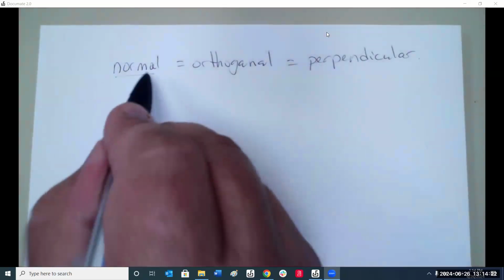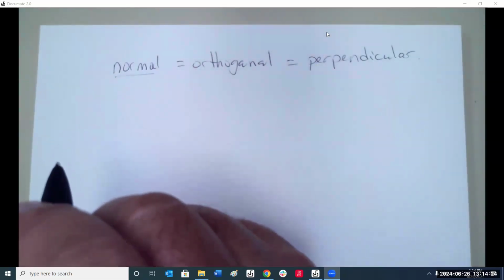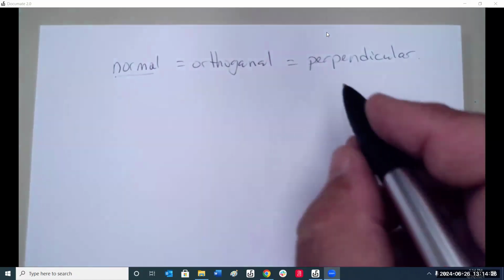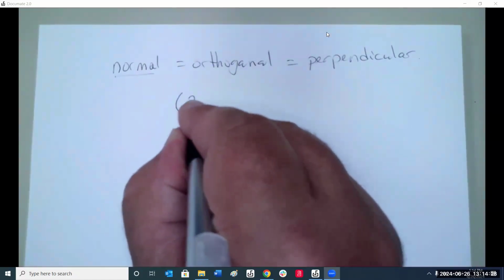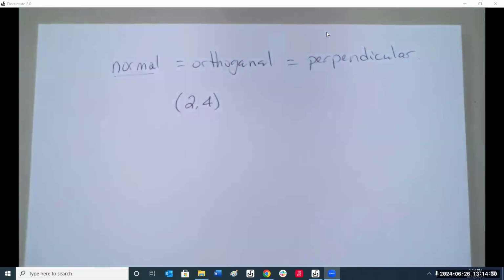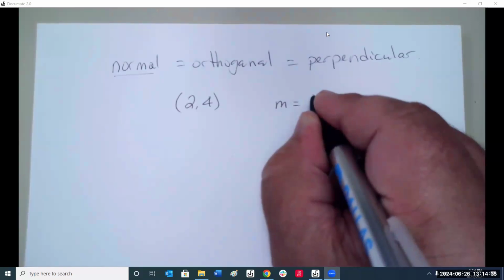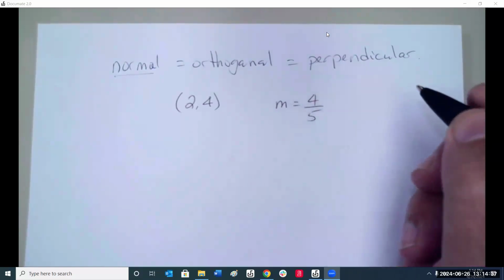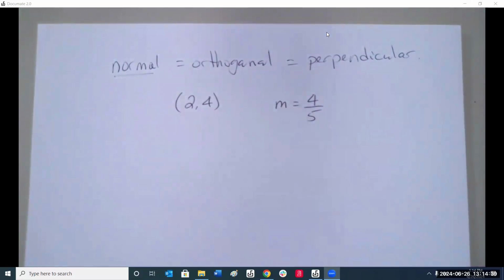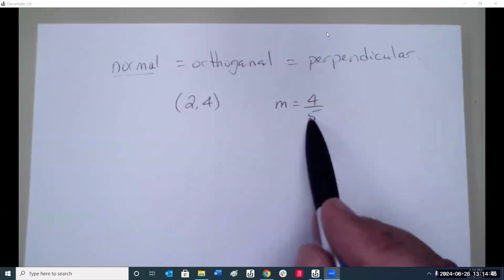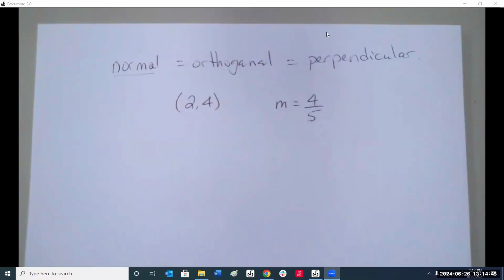So whenever we want the equation of the line normal to that curve, we want it to be perpendicular at that point. So we know the slope originally was 4/5, right? So what's the perpendicular slope to that line? If the slope is 4/5, what's the slope perpendicular to it?